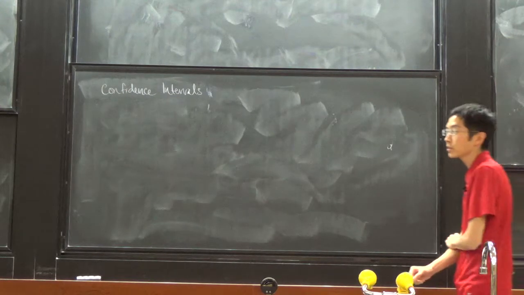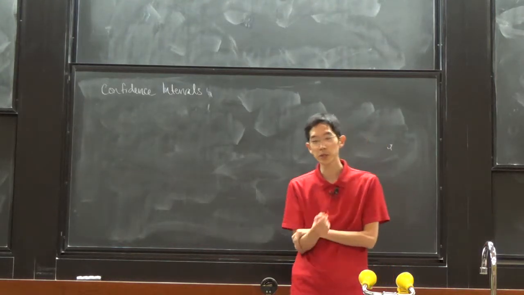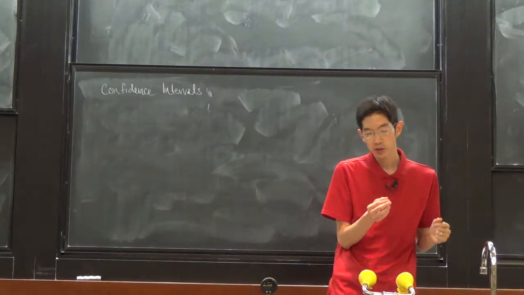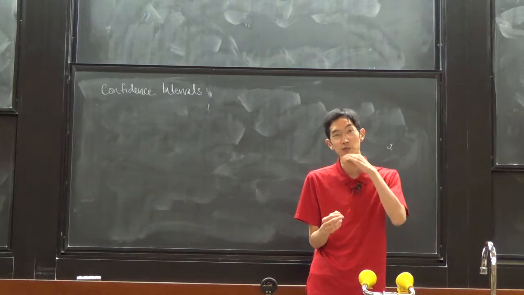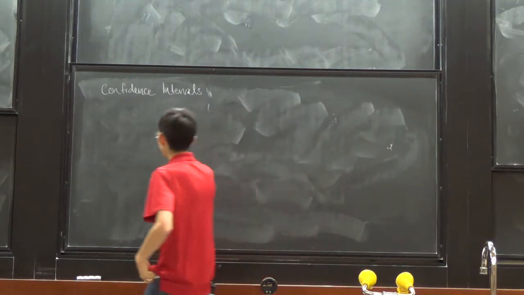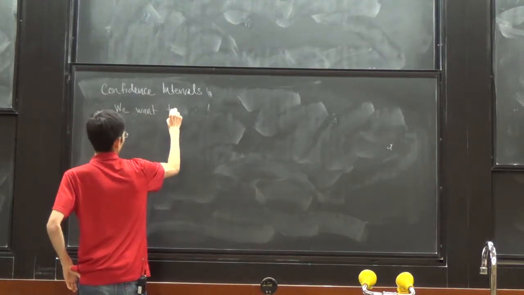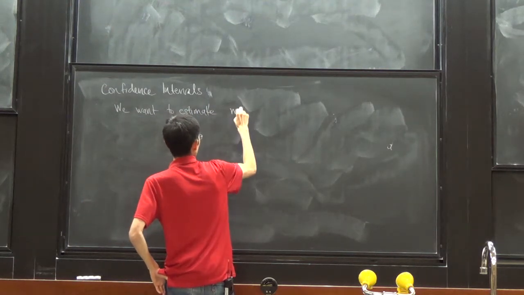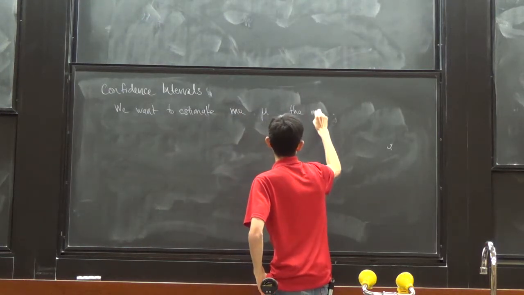So a confidence interval, the purpose of a confidence interval is to estimate or come up with a range for the values of mu, okay, or the value of mu, which is the mean of the population. So we want to estimate mu, the mean of the population.